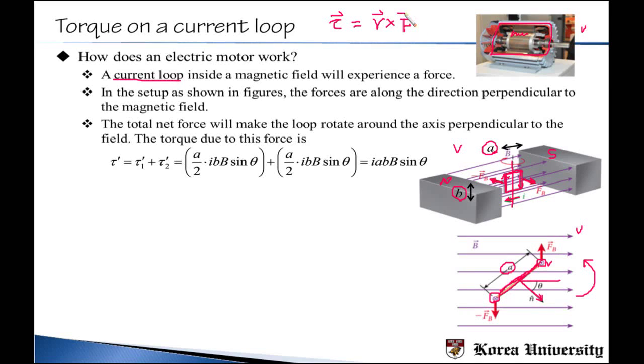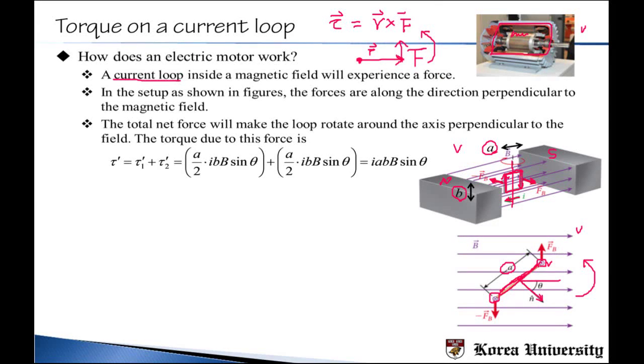And what is the R vector here? The R vector is the vector representing the distance between the rotational axis and the location where this force is acting, right? So if this is a force vector and this is the R vector, then it will rotate like this.